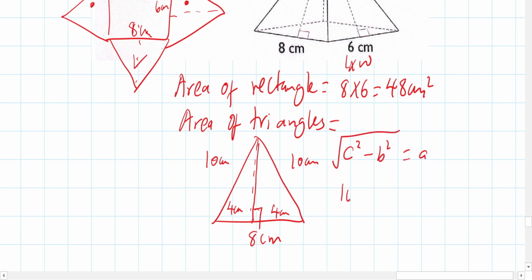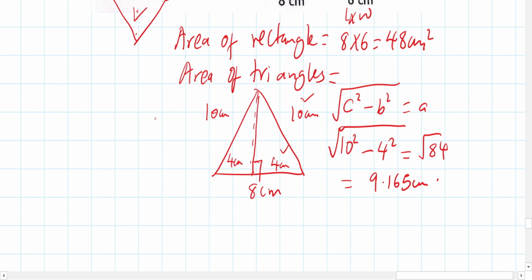So it's the hypotenuse squared minus 4 squared, then square root it. 10 squared minus 4 squared is going to give you 84. Square root of 84 gives 9.165 centimeter. So that is your height.